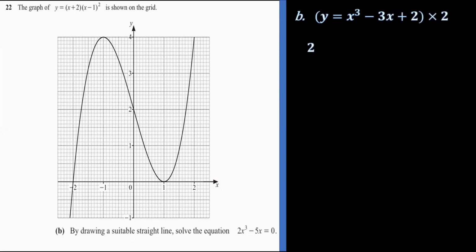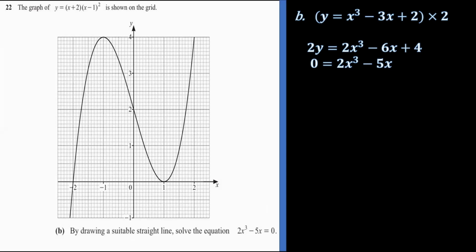Now, what we do, because we have 2s cubed, but our original function is y equals s cubed minus 3s plus 2. When we re-express the one in two brackets, we are going to get a perfect cubic function in the form y equals s cubed minus 3s plus 2.